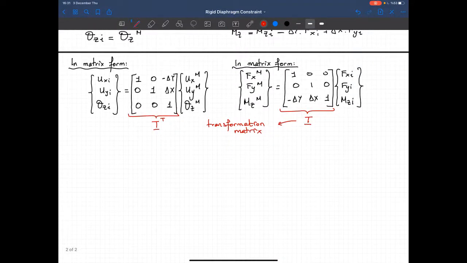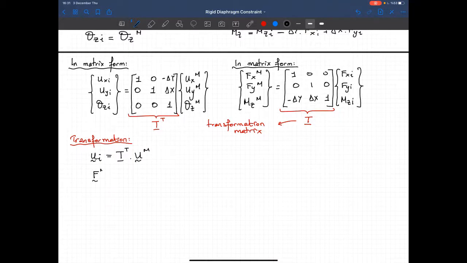And since we have that, we can write the following, and we will do it for every node. So ui is equal to T transpose multiplied by the displacements at the master node.